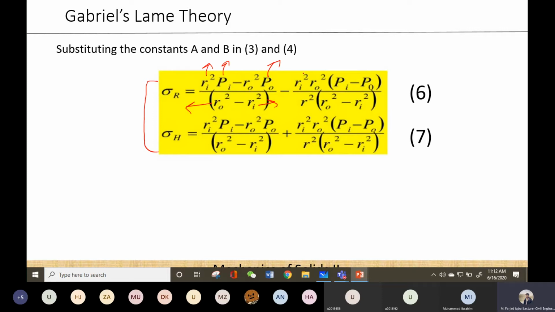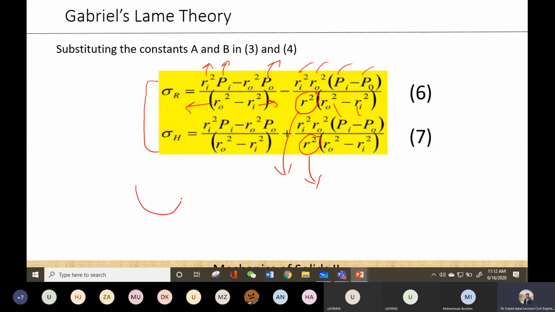Similarly, we know all these factors, and the only difference is this R factor. Now this R factor is the radius at a random point. So we have to substitute different values of radius into this factor to calculate the radial stresses, or similarly in this case, we have to substitute different values of radius to calculate the hoop stresses.